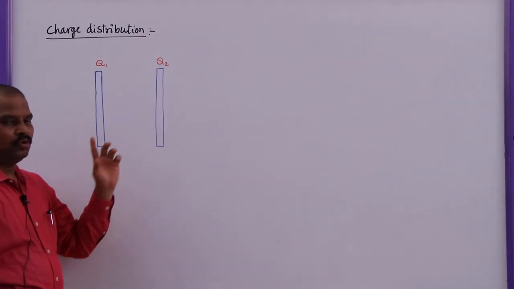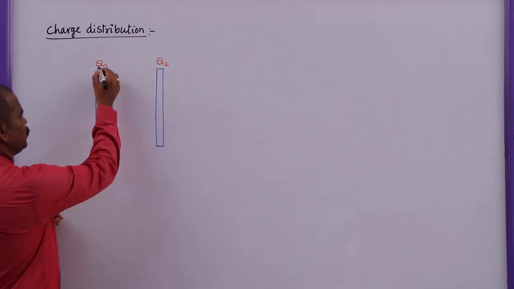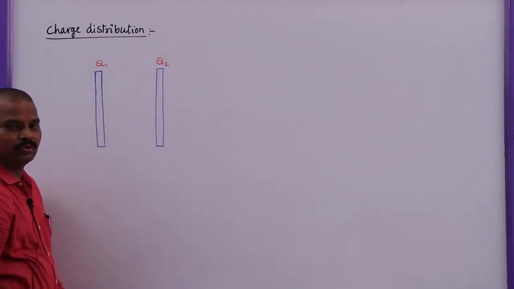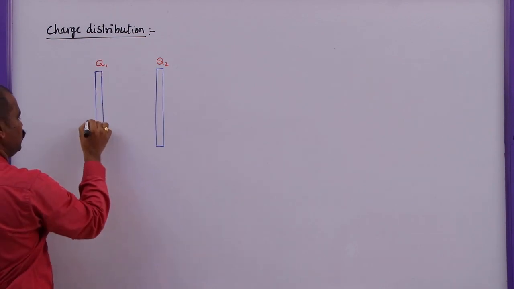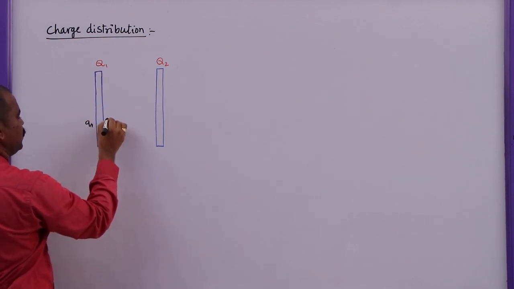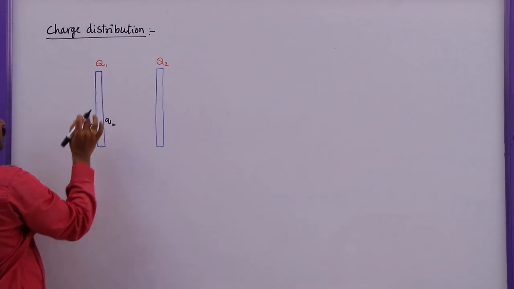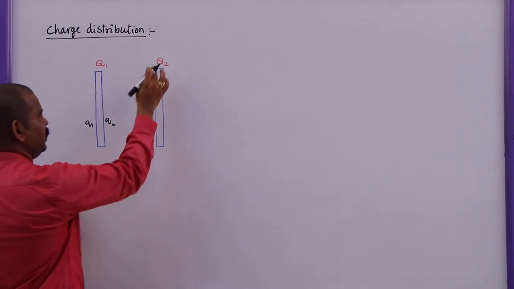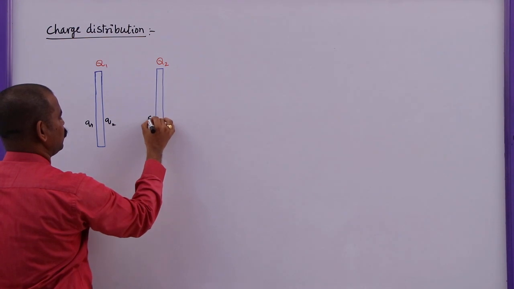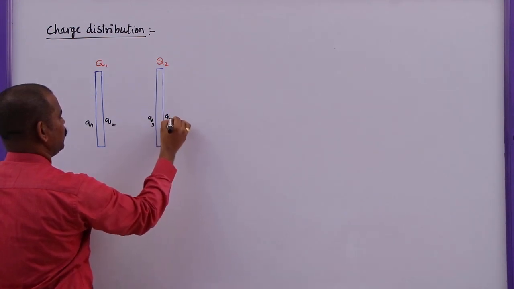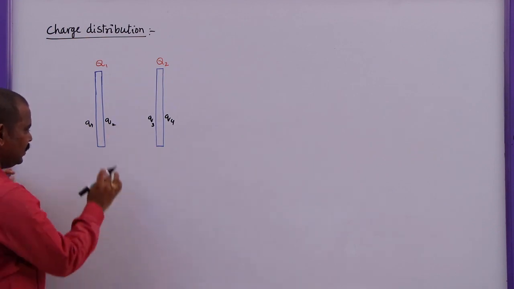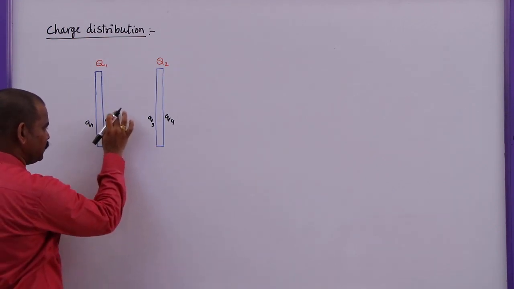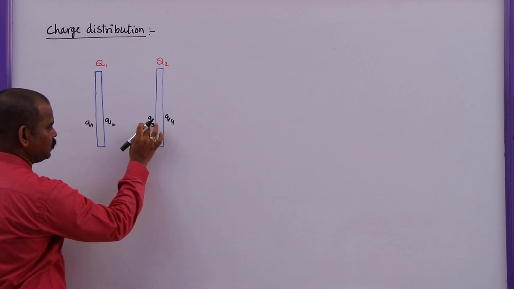I have taken two conducting sheets with charges Q1 and Q2. So when the Q1 charge is given to this plate, the charge Q1 will come to this side, and that means this total charge will be divided into q1 and q2, and this charge will be divided into q3 and q4. We know that due to induction, the amount of charge present on this one is equal and opposite to this charge.